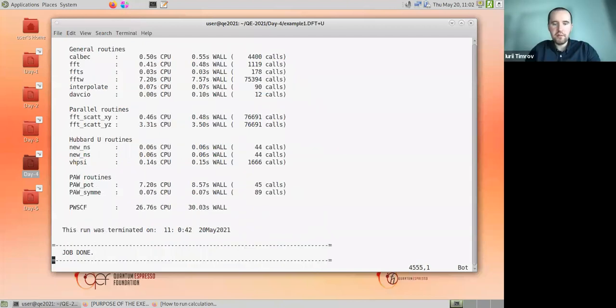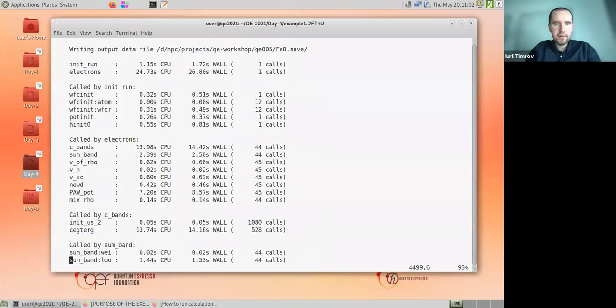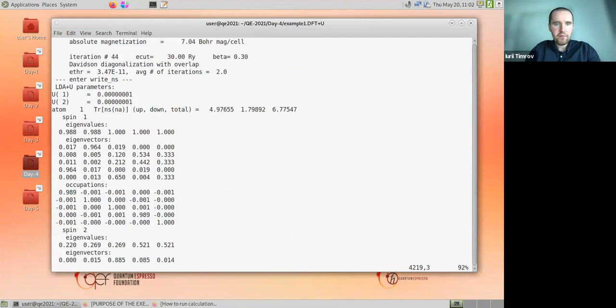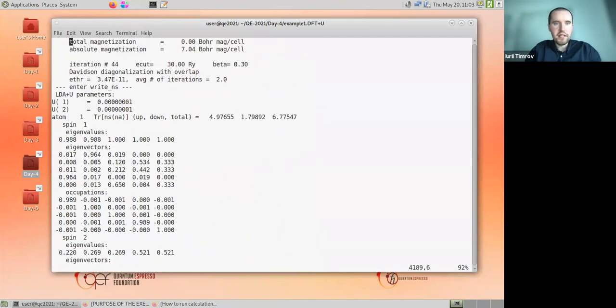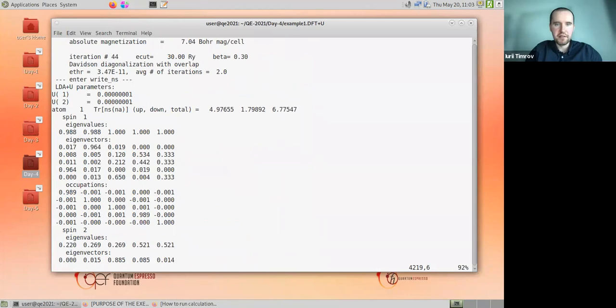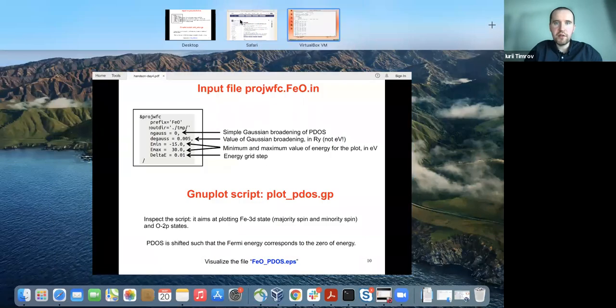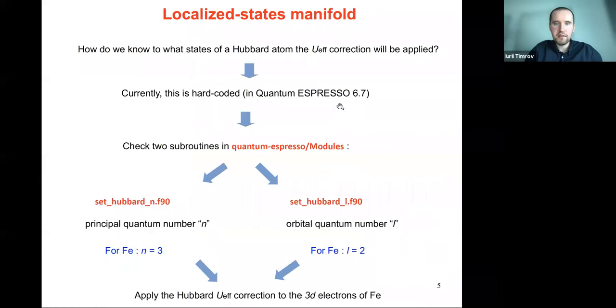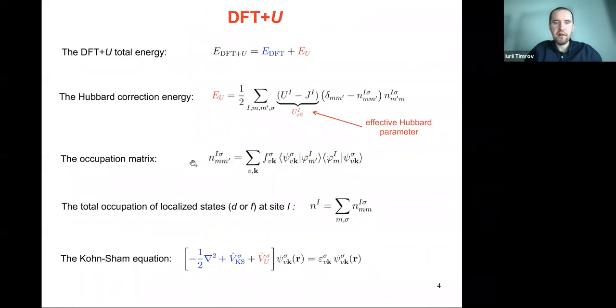What is particularly interesting is that at the end of the self-consistency, the DFT plus U machinery prints some information about the occupation matrix. So let me recall what this is. The occupation matrix is this object n^{Iσ}_{mm'}.